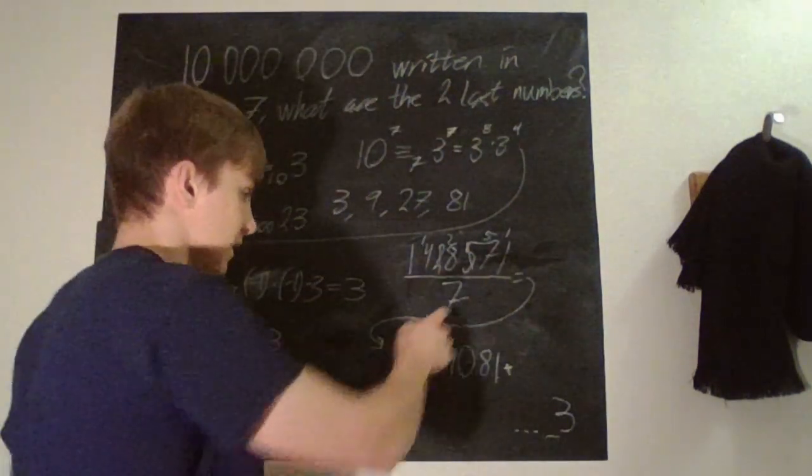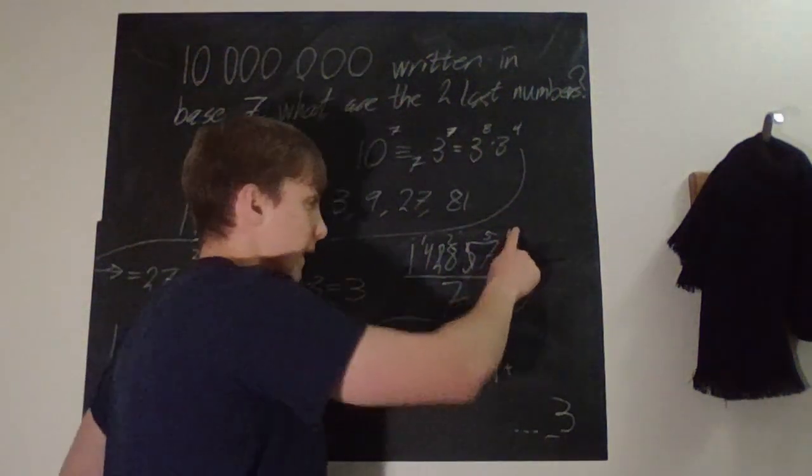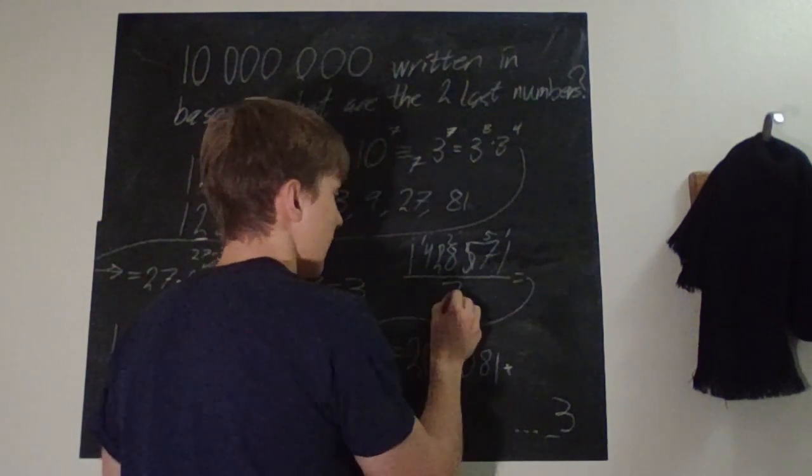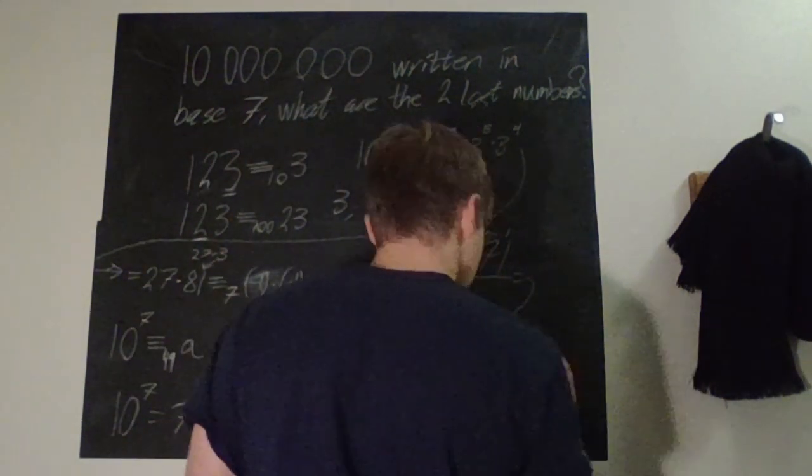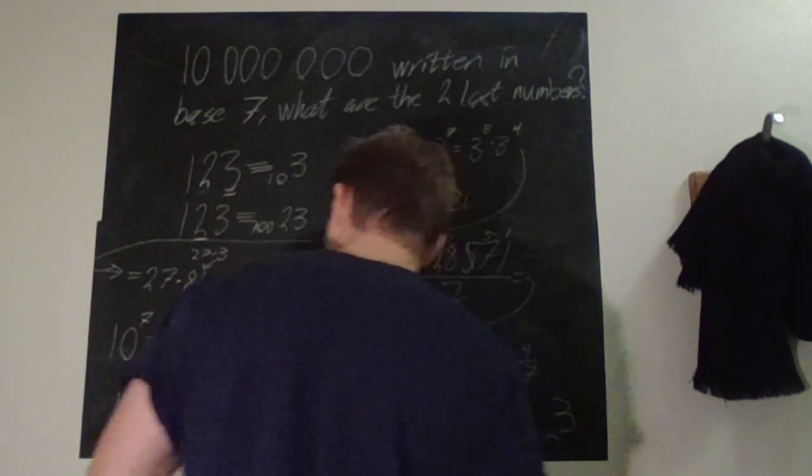At the last digit we get 11 over 7, and that is 1 with the remainder 4, so that's 4 over 7.